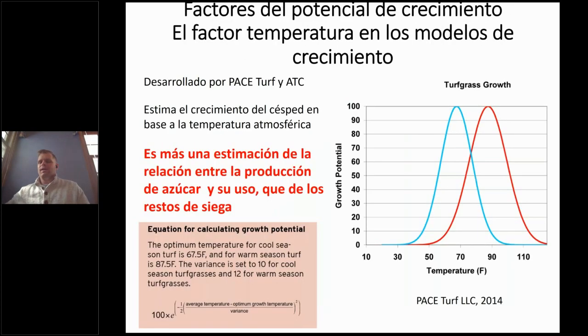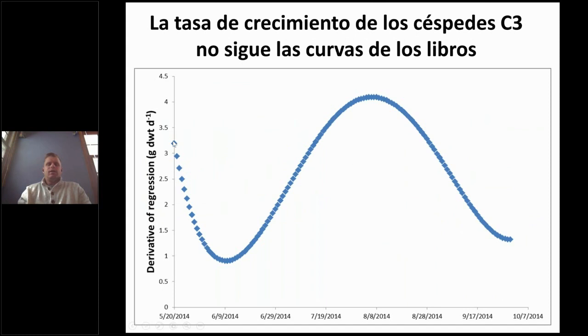When I look at the growth potential anticipated from these models that use just air temperature, and look at the real-world actual clipping yield that we see in Nebraska, a textbook would say we'd have most of our growth in June and in September. But in the real world, we had most of our growth in early May, middle of July and early August. That's because the soil available nitrogen level was the bigger driver. We had temperatures that were conducive, yes, but we also had a bunch of other real-world factors having an impact on our growth rate.